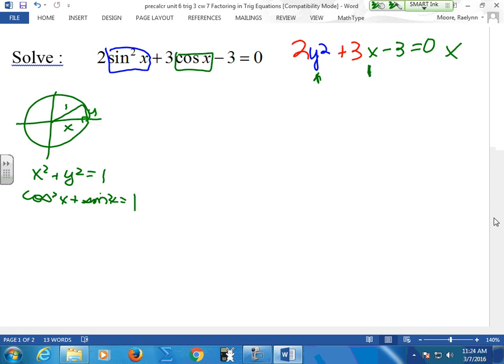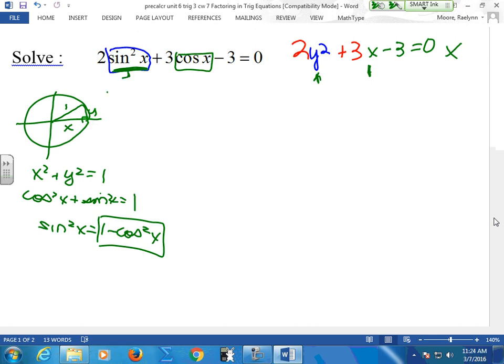So can't I substitute out one of those? Which one can I substitute out? I can't get rid of cosine x because that's the lowest it could go. But I notice for sine squared x, if I solve this for sine squared x, I subtract cosine squared x, I get 1 minus cosine squared x. So if I take out the sine squared x, can I substitute in 1 minus cosine squared x?